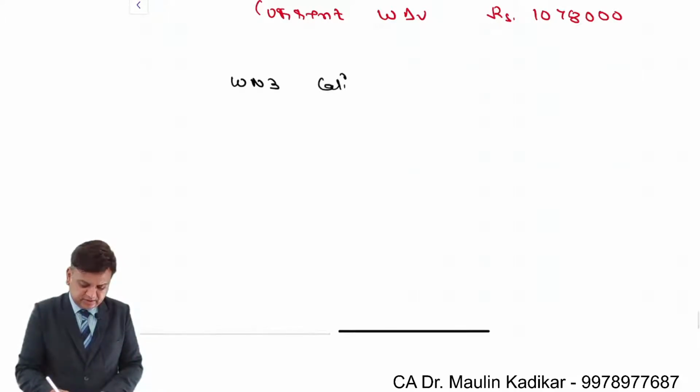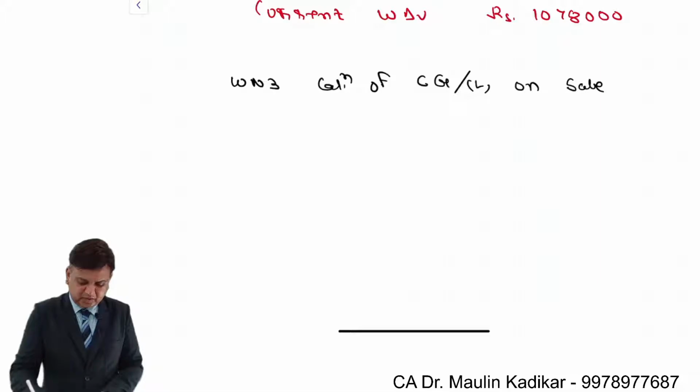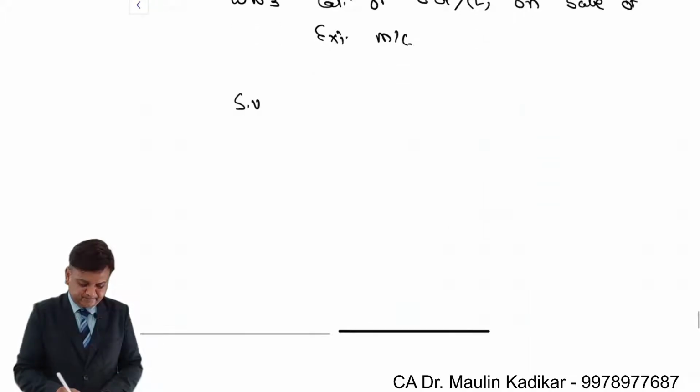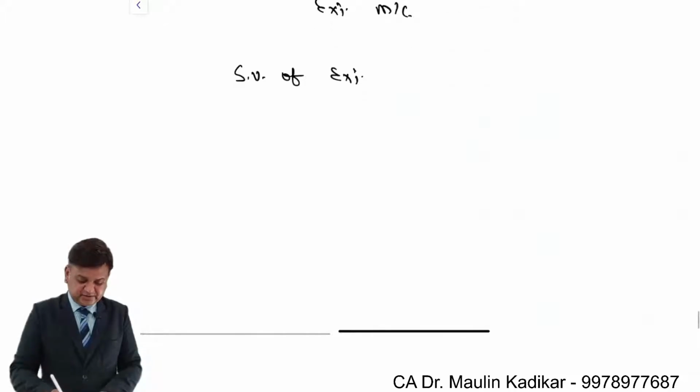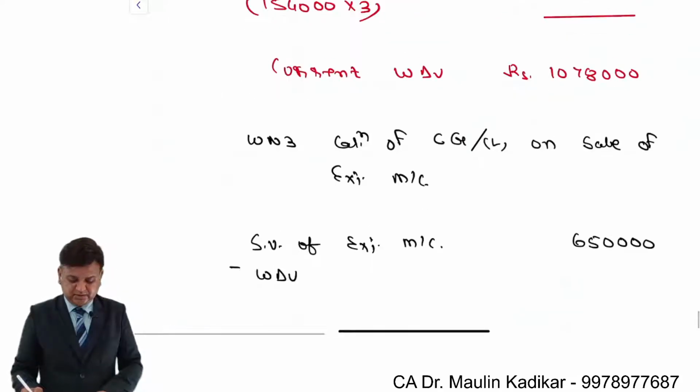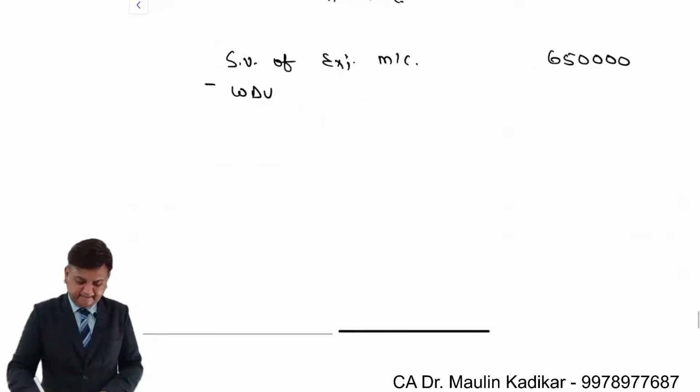Working note number 3, calculation of capital gain or loss on sale of existing machinery. Scrap value of existing machinery 6,50,000 minus WDV 10,78,000.